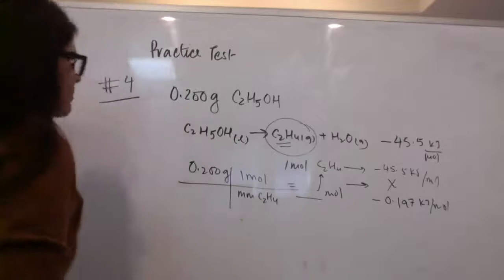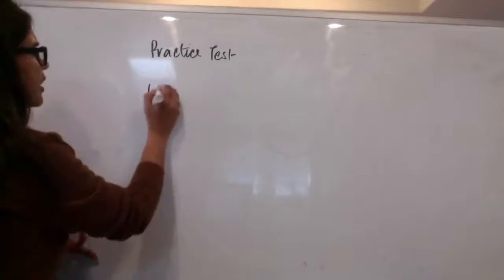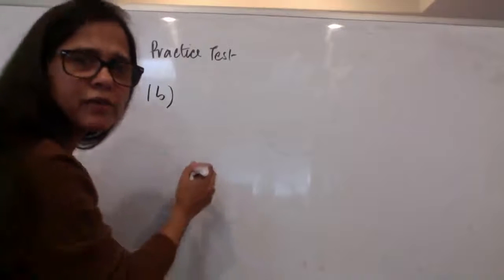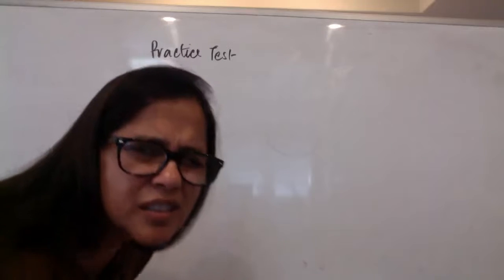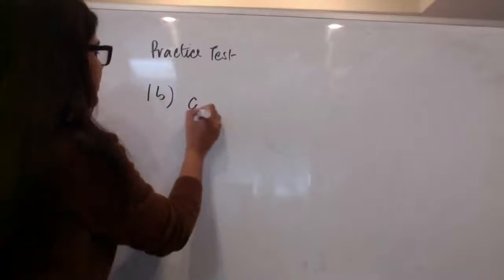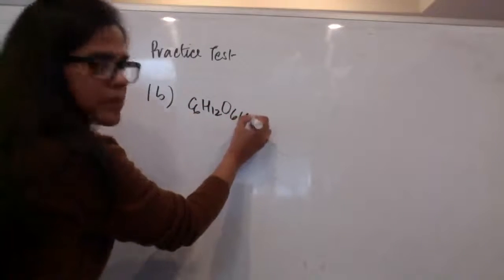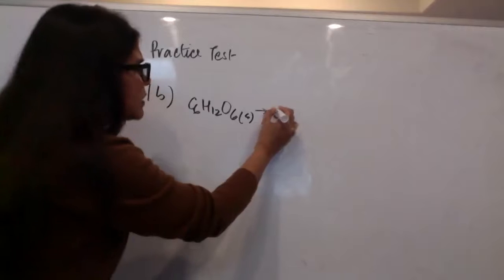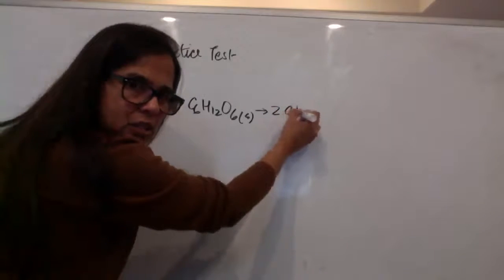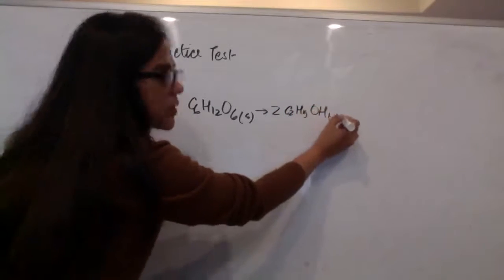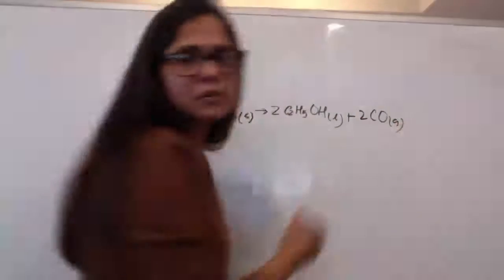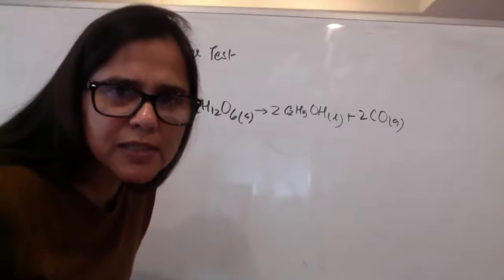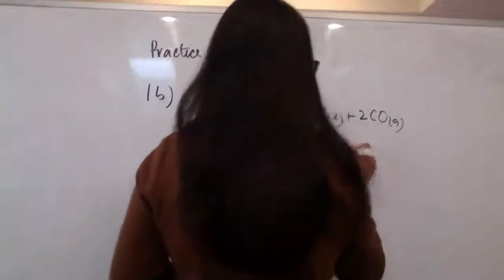So in 1B, you have C6H12O6 solid gives you 2 C2H5OH liquid plus 2 CO2 gas, and it is negative 68 kilojoules.